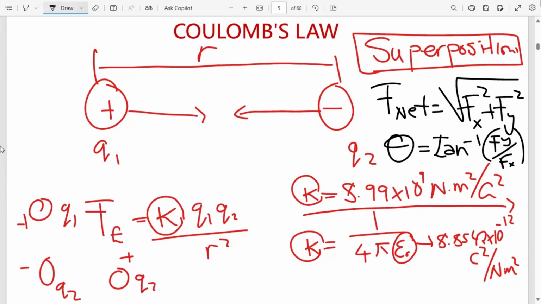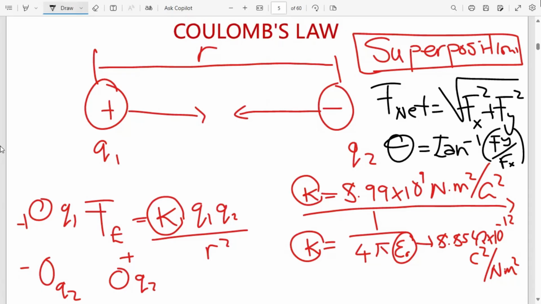Whilst if the two charges are the same, let's say positive and positive or negative and negative, the electrostatic force is going to be positive. And if the electrostatic force is positive, that means it is a force of repulsion. So that is what we should keep in mind, ladies and gentlemen, using Coulomb's law. We're going to see in a short moment.